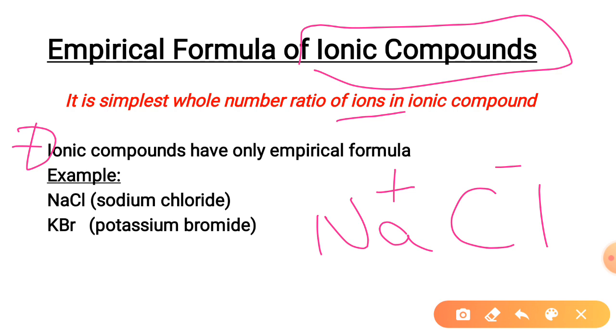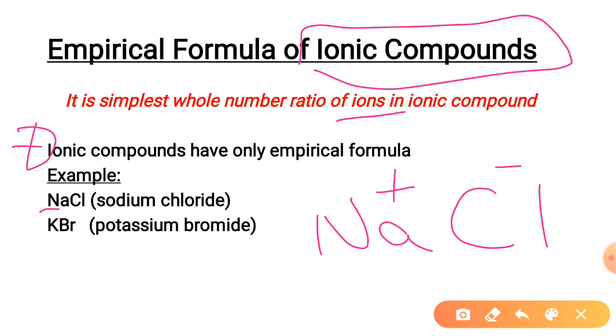Example is NaCl. Yes, although Na is surrounded by Cl, and each Cl is surrounded by positively charged ions, we are only taking here its ratio and the simplified unit, which is NaCl. We are not talking about how each sodium is surrounded by 6 chloride, or each chloride by 6 sodium. No, we are just talking about NaCl, its simplest unit.